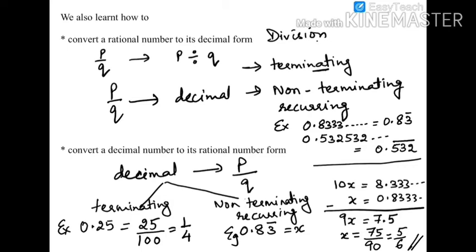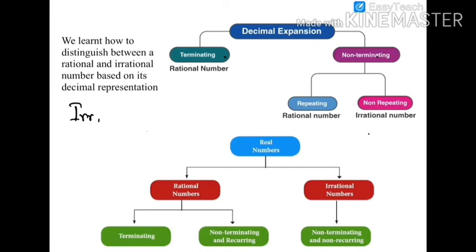So we have understood about the decimal representation of rational number, how to convert rational number to its decimal form, and to convert decimal into its rational form. What about the decimal representation of an irrational number? Let's look at some examples of irrational numbers like √2, √3, √7.